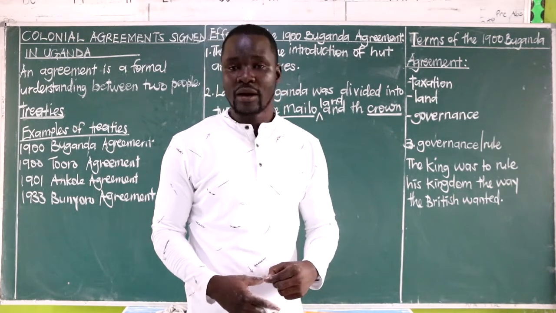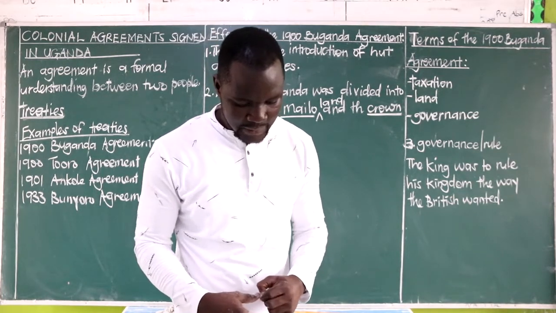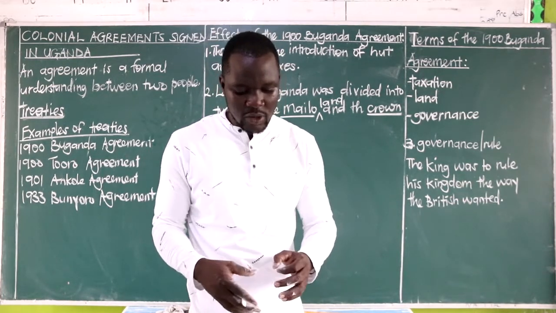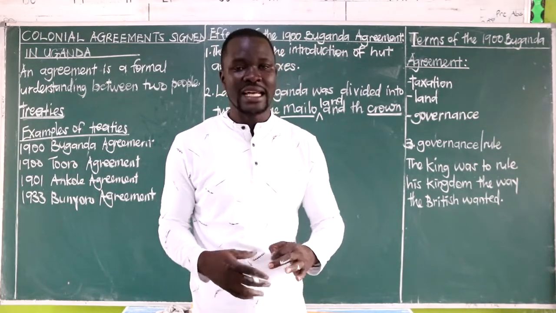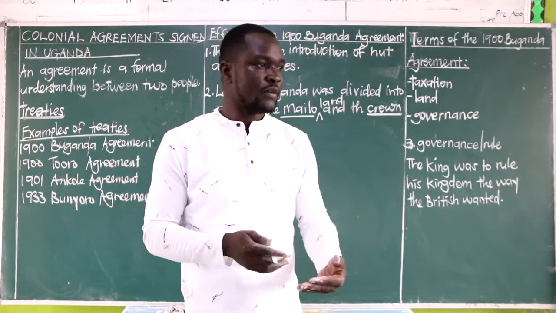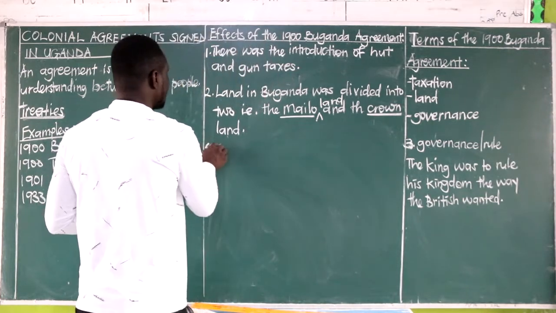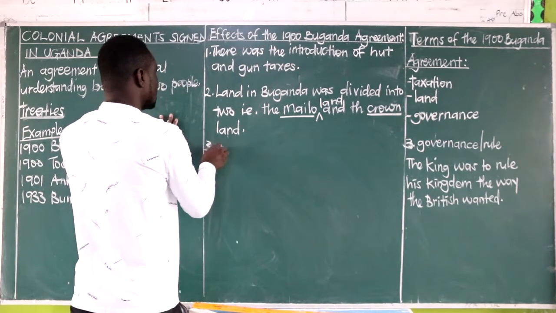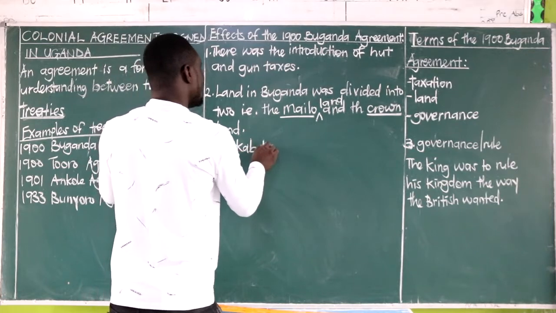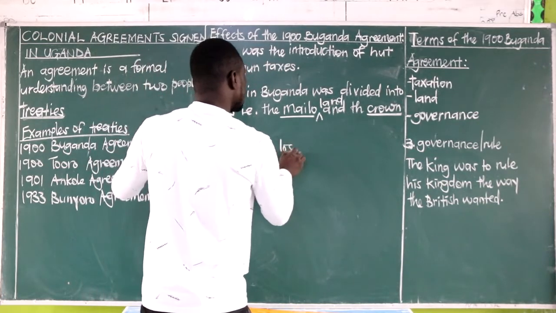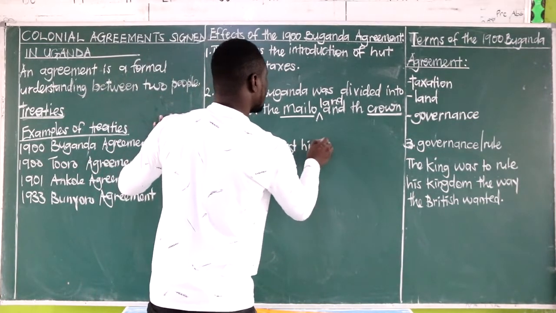Then we are going to have another one saying that the Kabaka was given the title of His Highness instead of His Majesty, and this therefore led to the reduction of his powers. So we shall simply say that is number 3. The Kabaka of Uganda lost his powers.